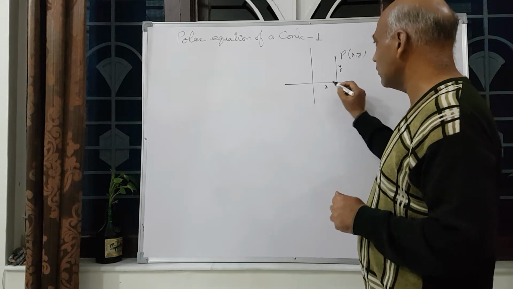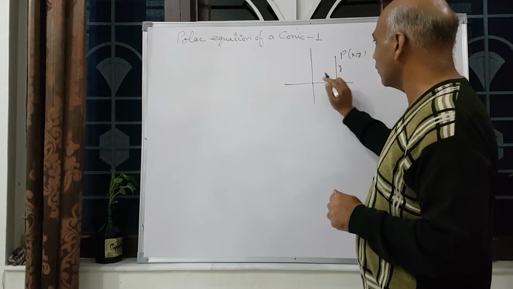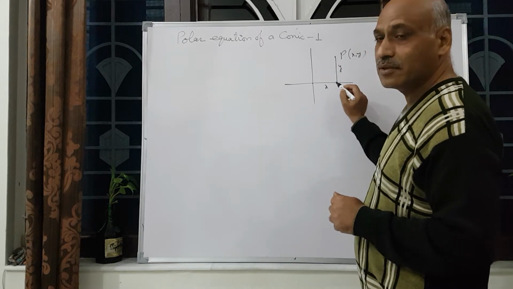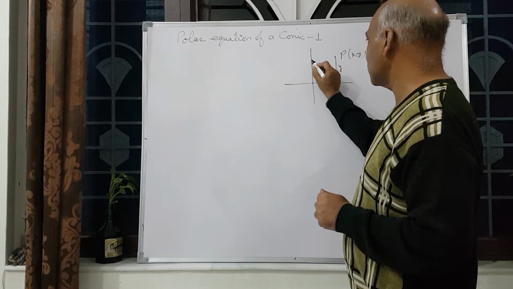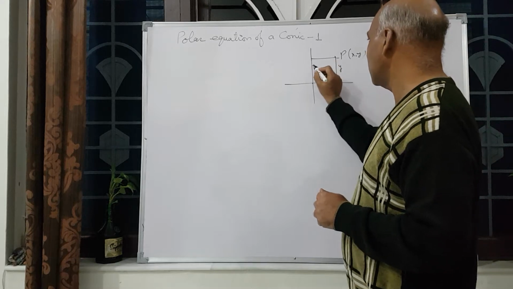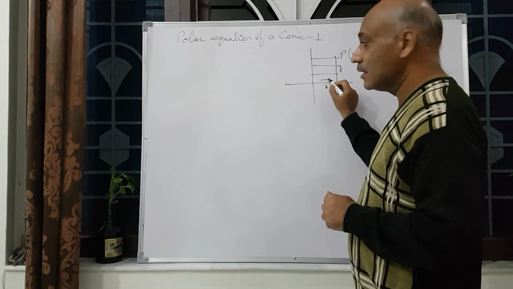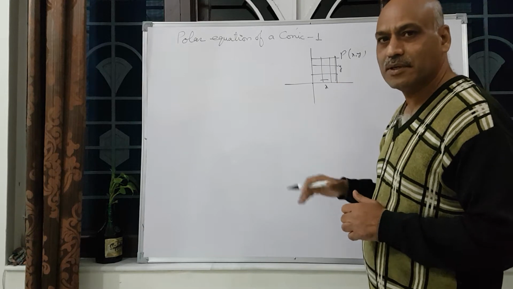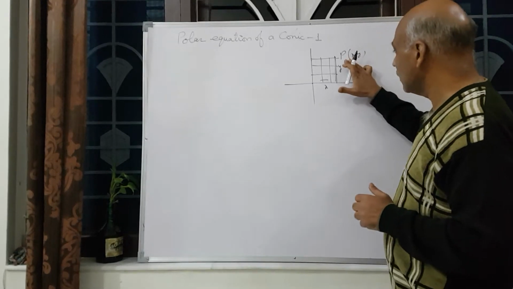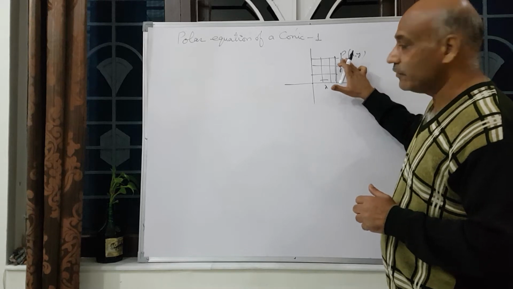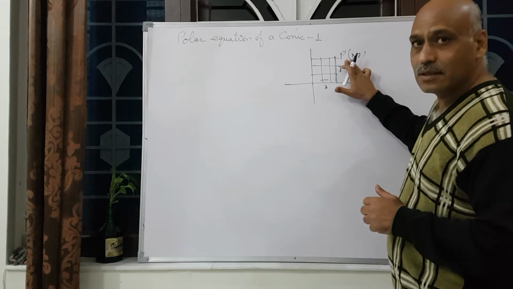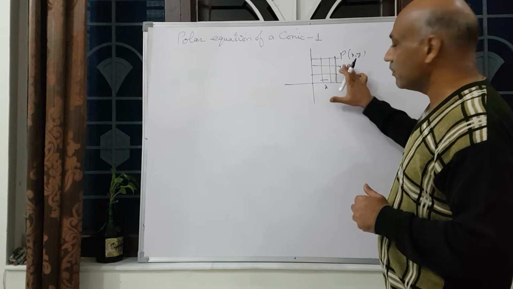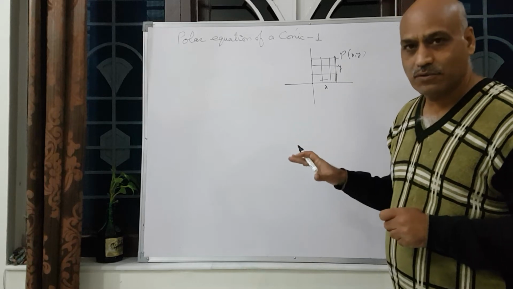From here to here, this value is x, and from here is y. So we find the position of P with perpendicular axes in Cartesian form.